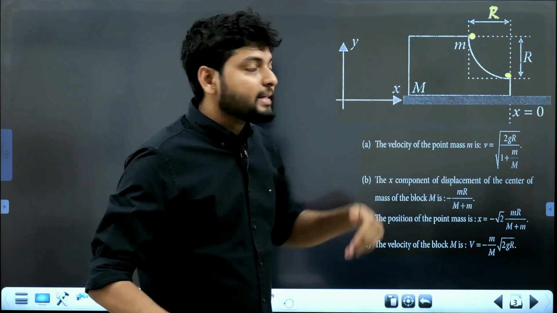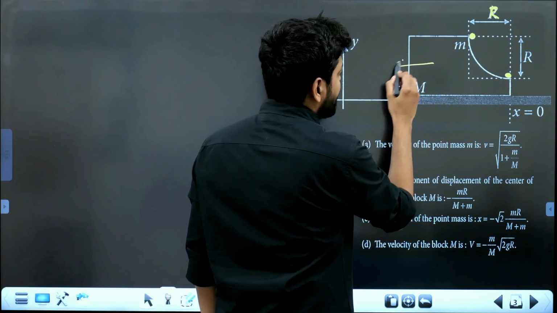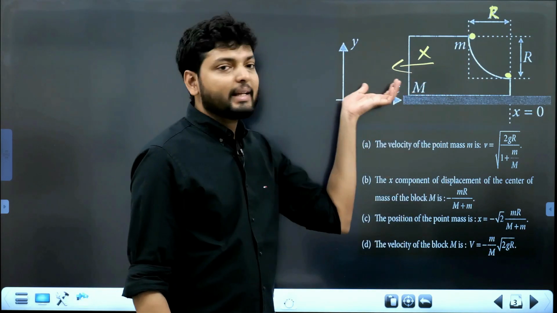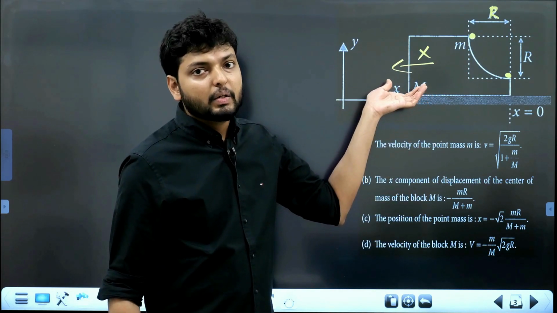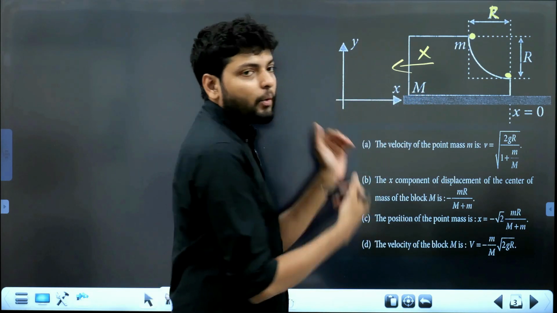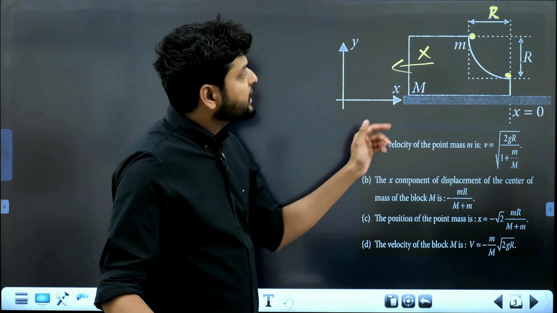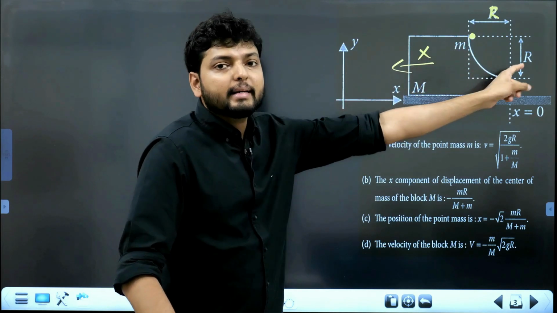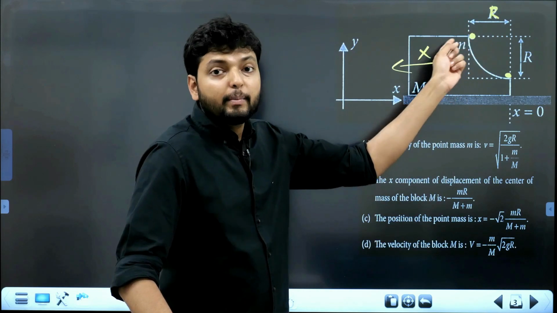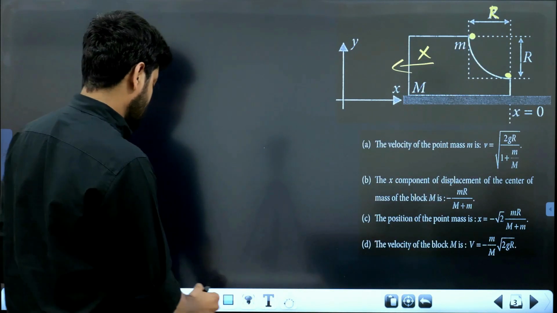But we know that the bigger block would have been displaced, say, by x to the left, right? So when we observe from a ground frame, with respect to ground, how much would the point mass have traveled to the right? It won't be r, right? It will be r minus x.